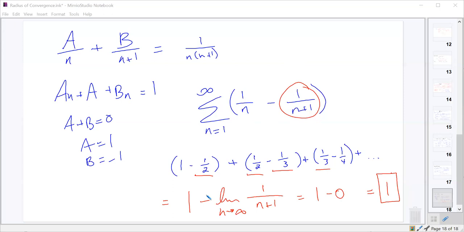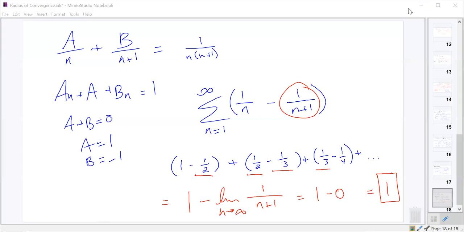And the reason they're called telescoping series, you think about an old school telescope that collapses in on itself. That's basically what this is doing. You can extend it out and write it as 1 minus a half plus a half minus a third plus a third minus a fourth, but you can also just shove it all together and cancel out all of these terms to just get that first and the last term, just like the telescope will collapse in on itself. And they call those telescoping series.